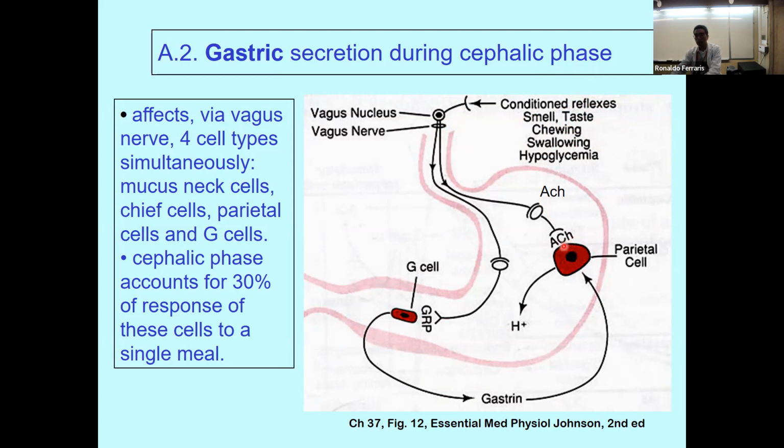From the interneuron to the basolateral membrane of the parietal cell, it would release ACh, and then the parietal cell would release protons through the apical membrane. So you have parietal cells. I did not depict chief cells here.